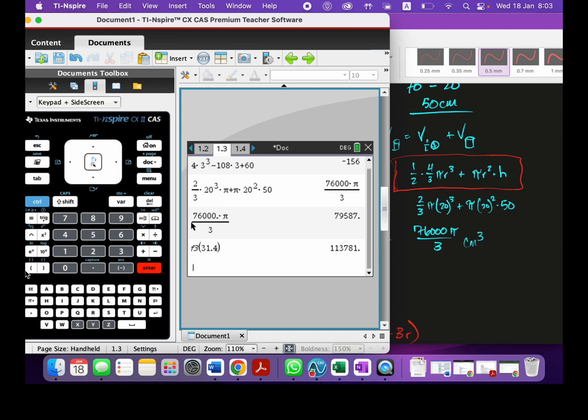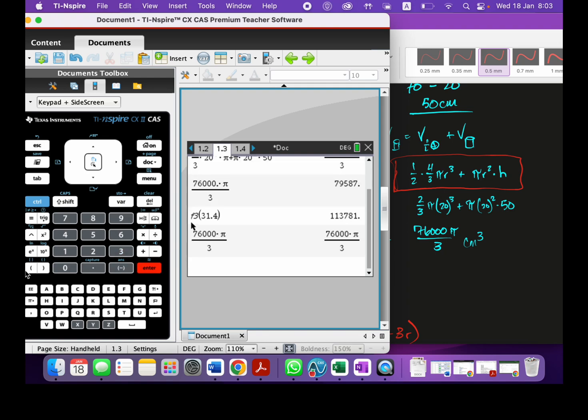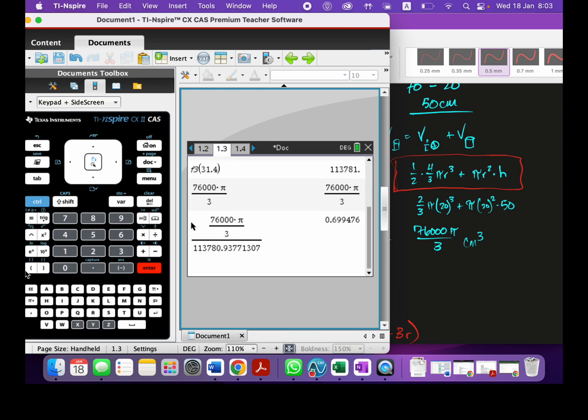And I am going to take 76000 pi divided by 3, and I am going to divide that answer by that answer. And what we see is that this value is 69% of that.